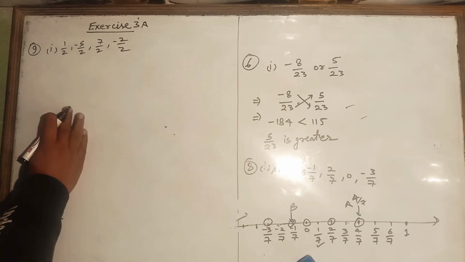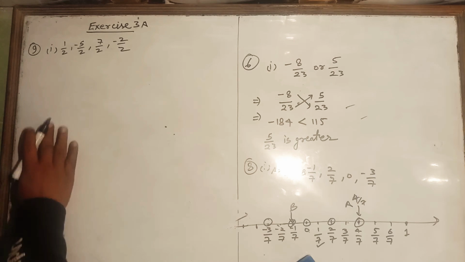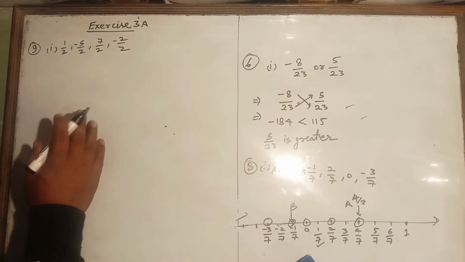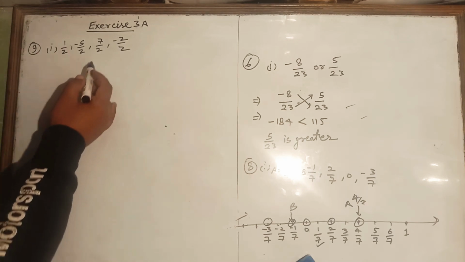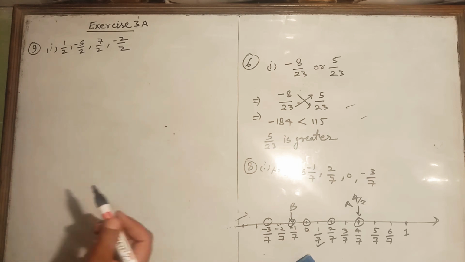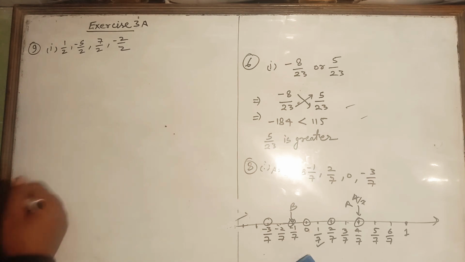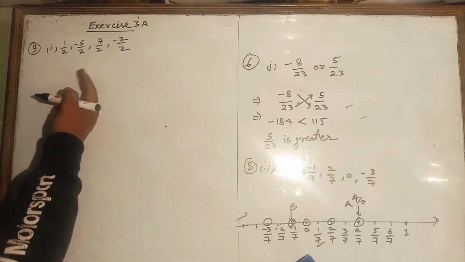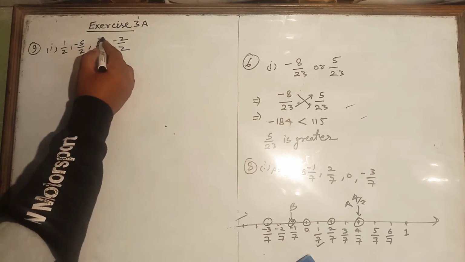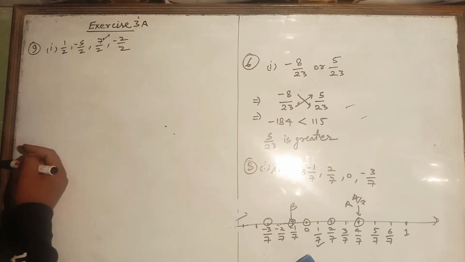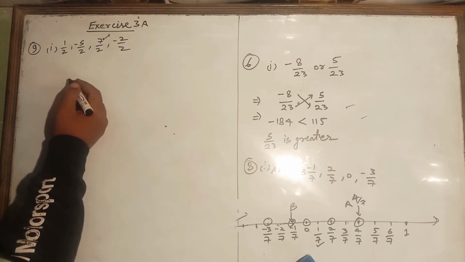Now all you know is that in like fractions, where denominators are equal, the fraction with the greater numerator will be greater. So which fraction is greater here?